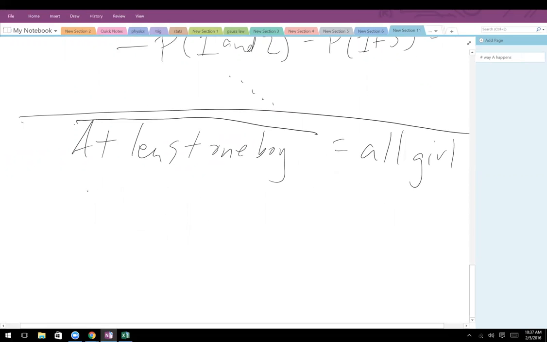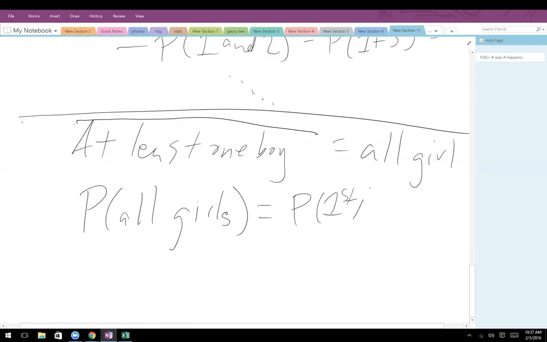So if we wanted to find the probability of all girls, well, now this is the probability of first and the second and up to the 8th are all girls. So for and, it's easy. You just do the probability the first one's a girl times the probability the second one's a girl, given that the first one was, the probability of the third one, given that the first 2 were. But I mean, they're all independent, so you don't really have to do that.